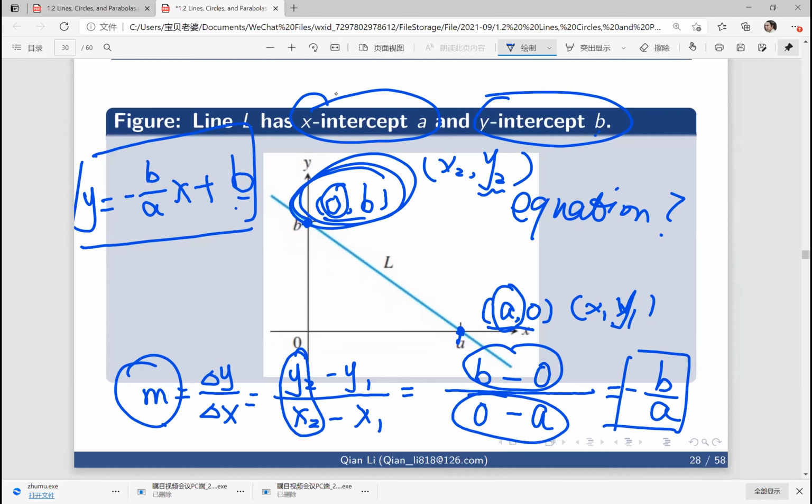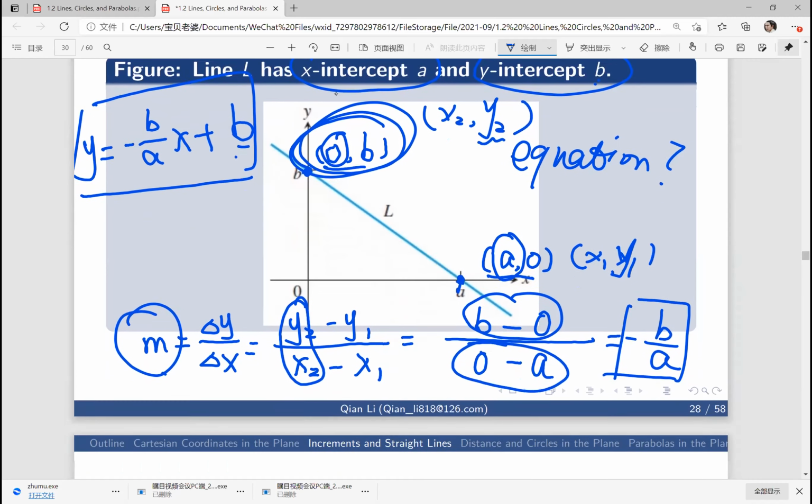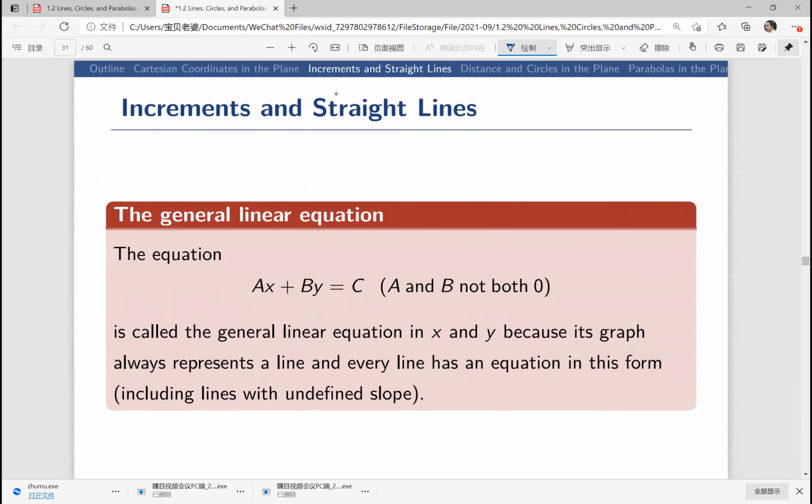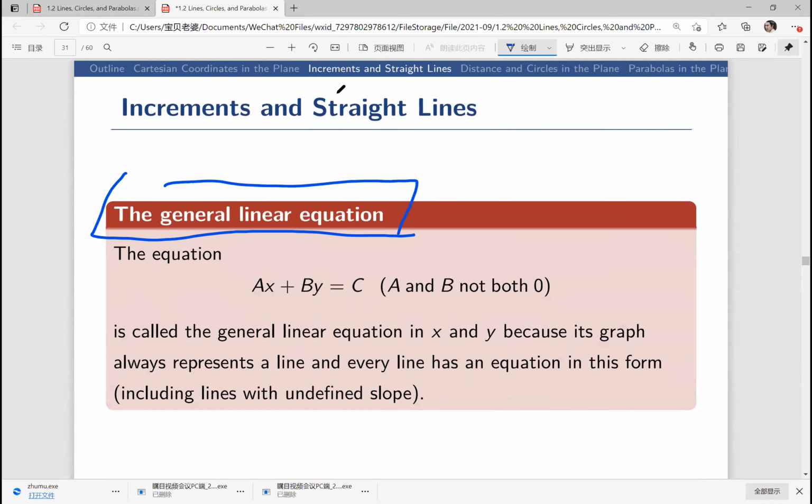got it? Okay, then the next form of the equation of a line is the general linear equation. The general linear equation is ax plus by equals c, where a and b are not both 0.